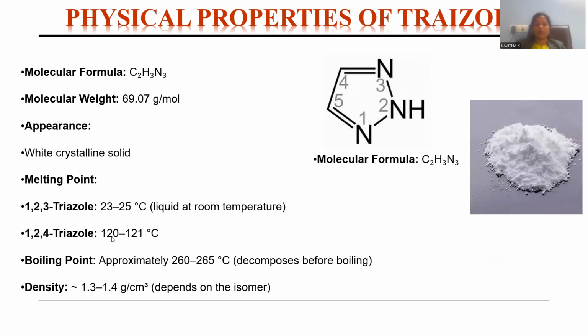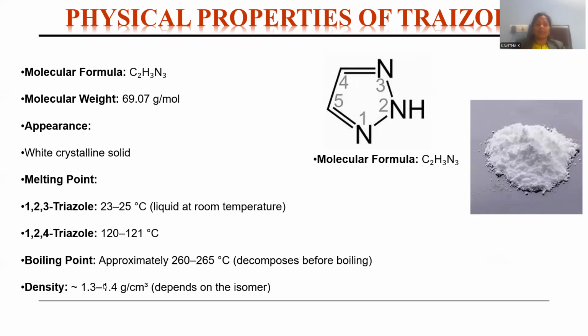And the triazole boils at a temperature of 120 to 121 degrees centigrade only, an extremely low temperature, so we can assume that it is volatile again. Approximately 260 to 265 degrees centigrade, it decomposes before boiling, right?